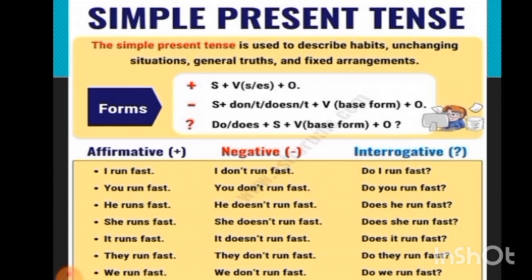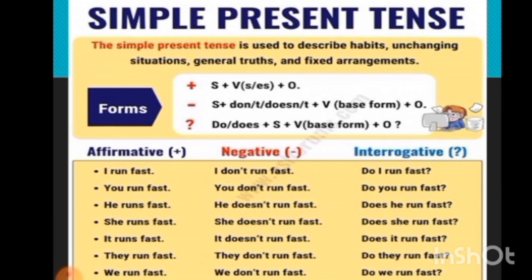With the negative sentences, we use do not or does not and the verb of the first form. And with the interrogative sentence, we use do or does plus subject plus the first form of the verb.